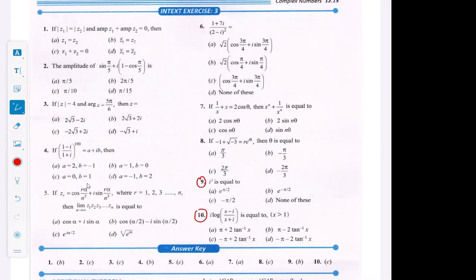Do you have any other doubt? Fifth one. Amplitude meaning argument. Amplitude is nothing but argument.